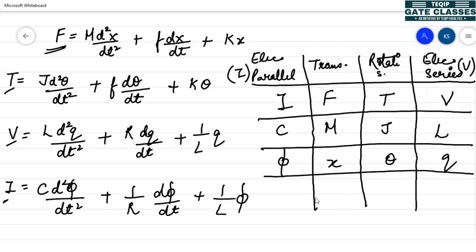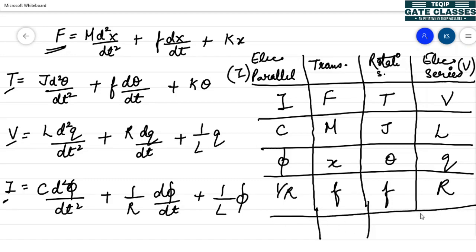In the electrical system it is related to Q. 1 by R in this system is related to F. In the rotational system it is also related to F, whereas in the electrical system it is related to R. And the last element we have is 1 by L. In the electrical system when connected in parallel it is related to K. In the rotational system it is also related to K, whereas in electrical series it is related to 1 by L.